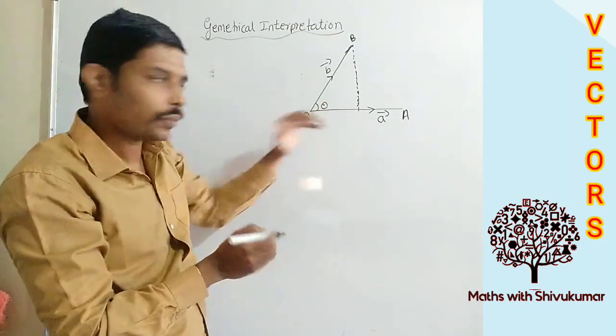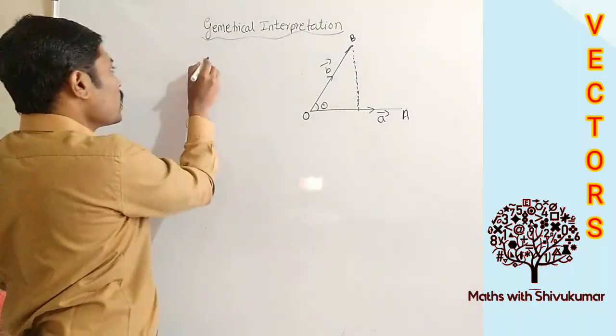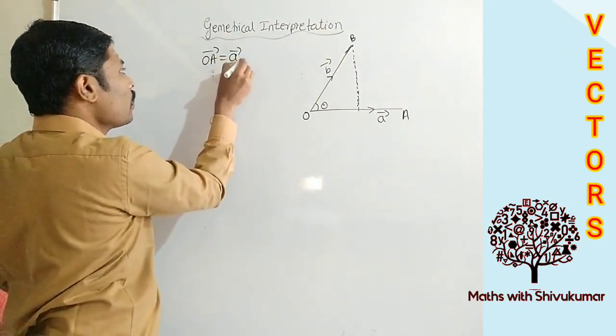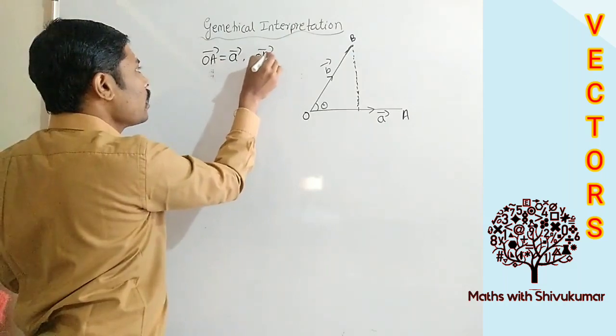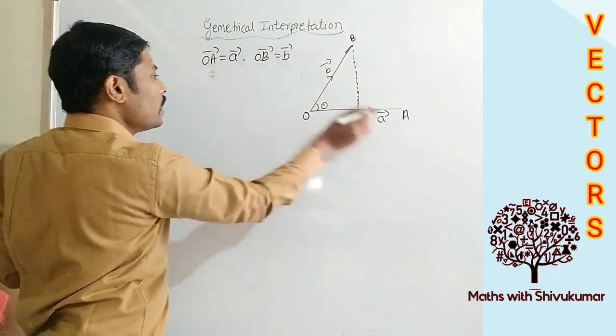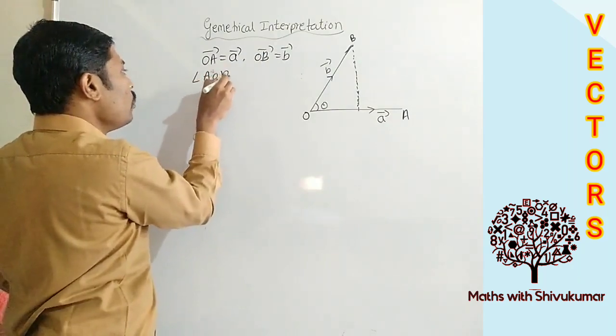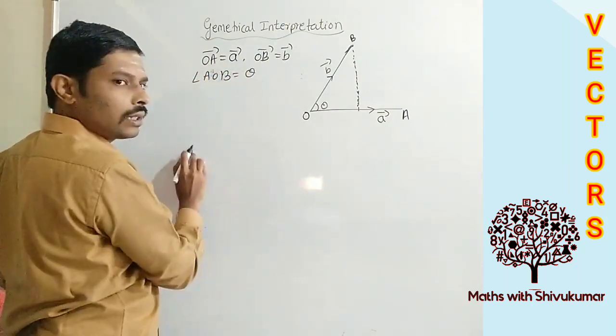See here, what does vector OA mean? A. What does OB mean? B. What is the angle between A and B at O? Angle AOB is theta.